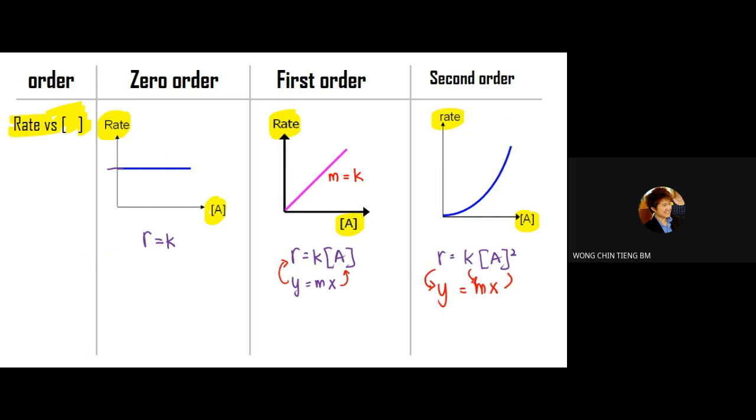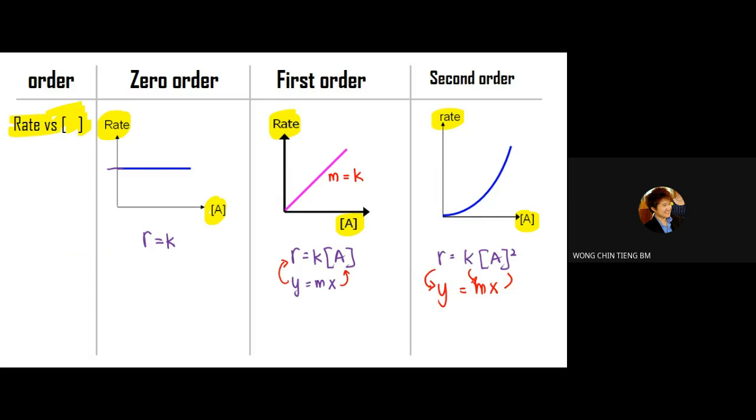Nampak? Boleh? So kenapa bentuk dia macam tu? Dia based on formula. Whenever you're doing graph, there's always a formula behind the graph. The relationship of the graph. Betul? So kamu kena tahu lah the formula behind the graph. So for the rate over concentration, it's actually the rate law formula. That's it. Okay? Alright? Selesai ya?